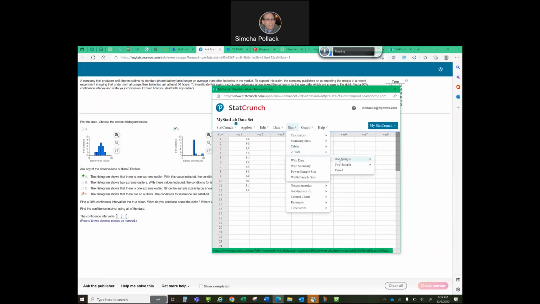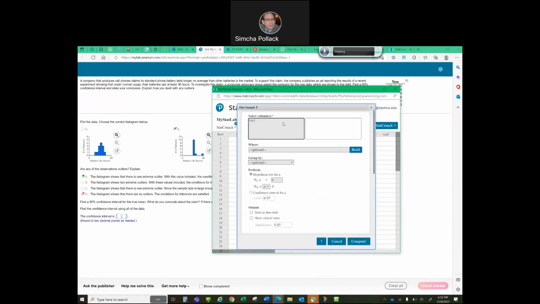We have one sample, and we have the actual data. We want Bar 1 to represent the data. This we don't need, this we don't need. We change this to, I think, a 90% confidence interval. And at this point, you simply say compute.